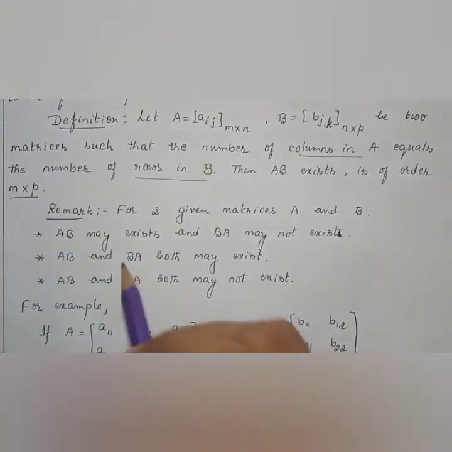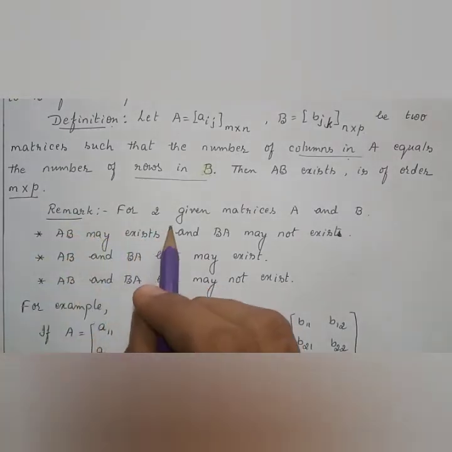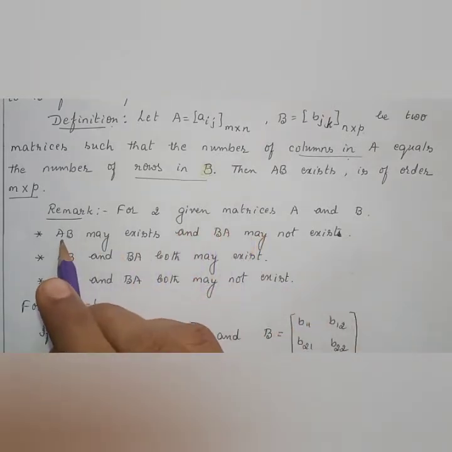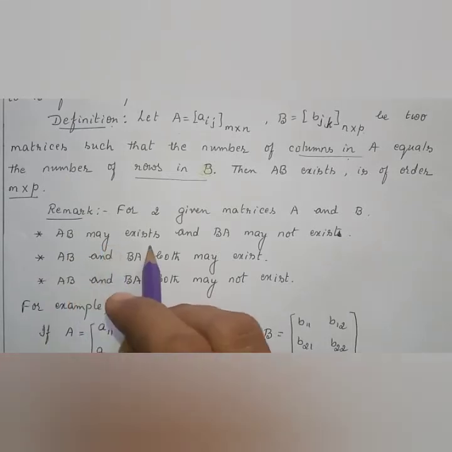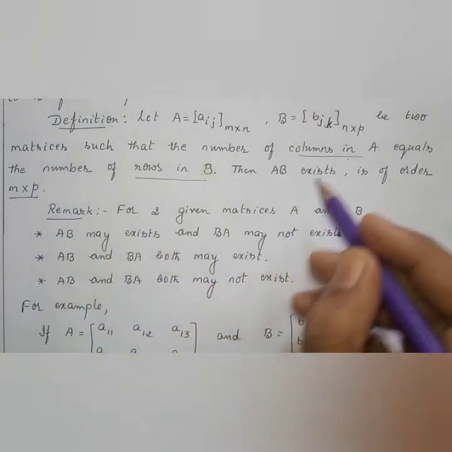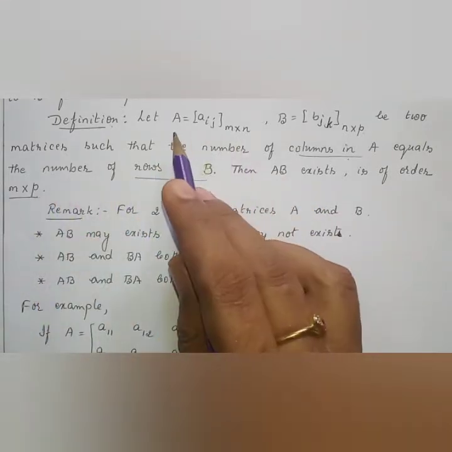So for any two matrices A and B, the product AB may exist and BA may not exist, depending on the order we define here.